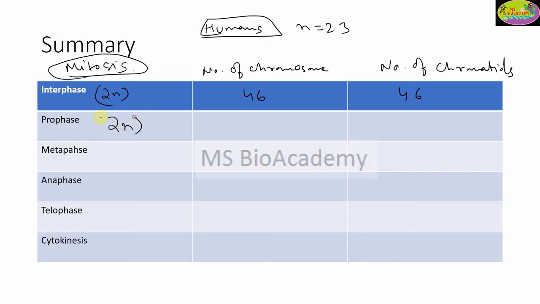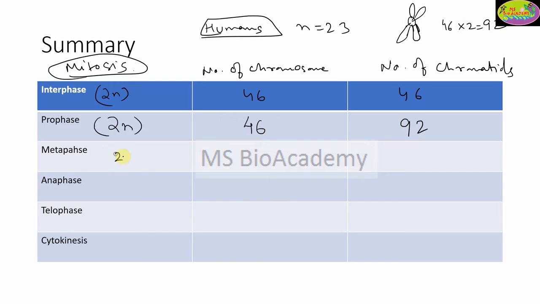The 2n number is still there, so the chromosome number remains the same, 46. But the DNA content is doubled, so each of the 46 chromosomes will now contain 2 sister chromatids. So 46 chromosomes will contain 92 chromatids.